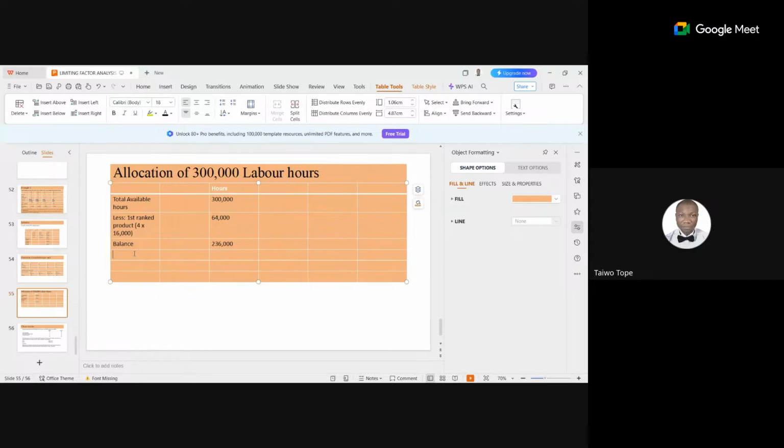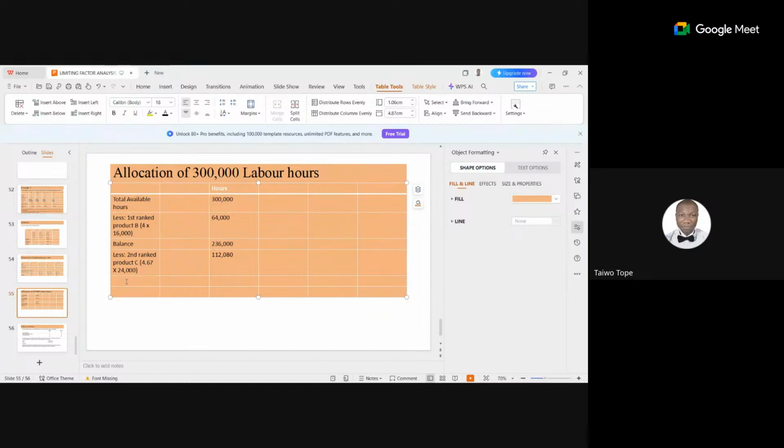So we now less the second ranked product, product C. The total hours to produce 24,000 units will be 4.67, the hours for 1 unit, multiplied by 24,000, which is 112,080.